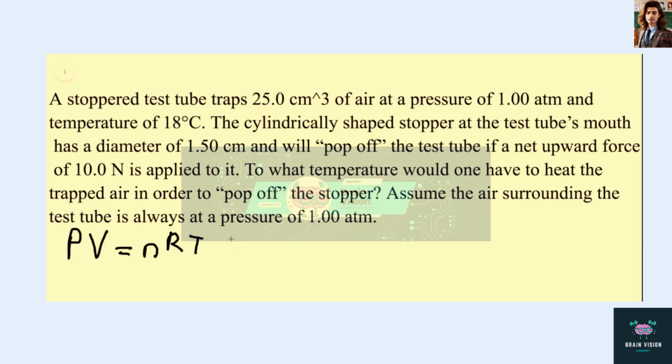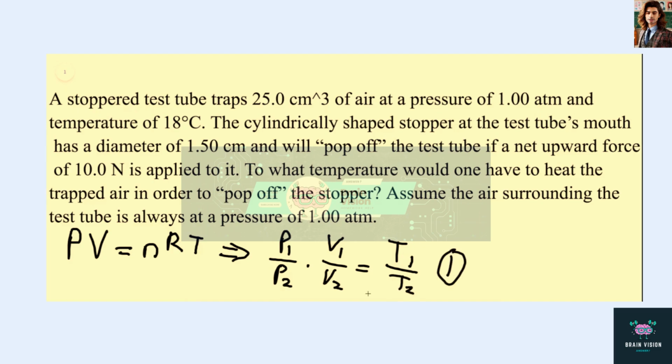From that, if we are dealing with two scenarios of ideal gas, P1 over P2 times V1 over V2 is equal to T1 over T2, copying these for one gas and another gas and then dividing through the equations, as demonstrated in a previous video. We're going to call this equation 1, and we're going to start a new whiteboard.